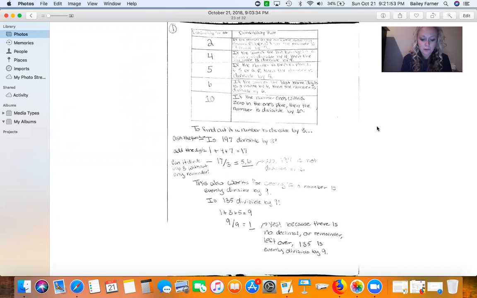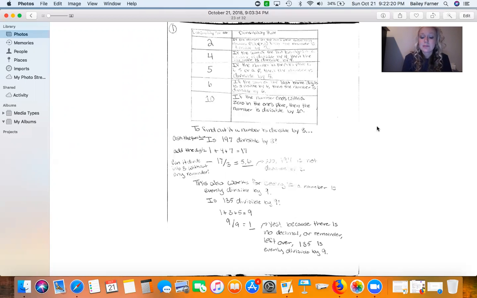They're pretty simple. And then we had a question, rather, to find out if a number is divisible by 3. And we can find out if a number is divisible by 3 by finding the sum of all of the digits in the number. So for example, the number 197 listed here, we can know that if we add up the 1 plus 9 plus 7 and equals 17, and we need to find out if 17 is divisible by 3.